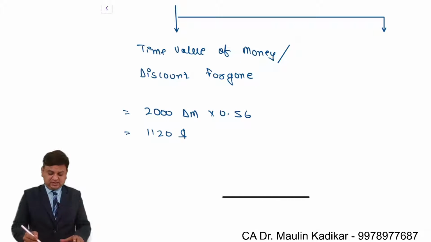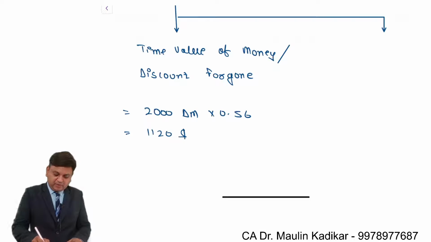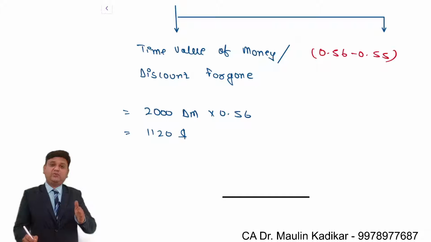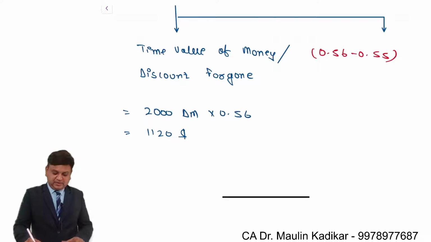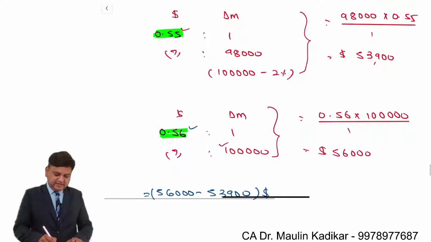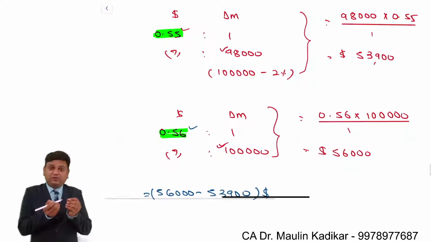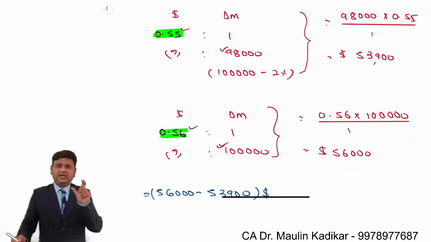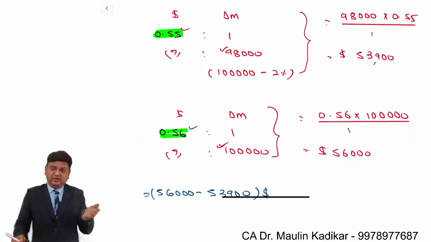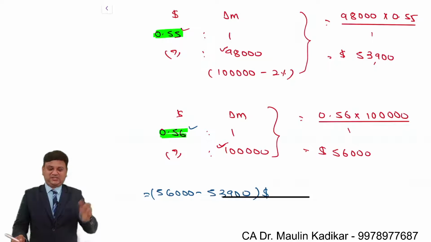And the next is, you have to pay $0.56 to buy a Dutch mark instead of 0.55. So your cost increases by $0.01 per Dutch mark. And for the 98,000 Dutch mark, because the 98,000 Dutch mark is common between both of them, which you were able to purchase at 0.55, now you have to pay 0.56.